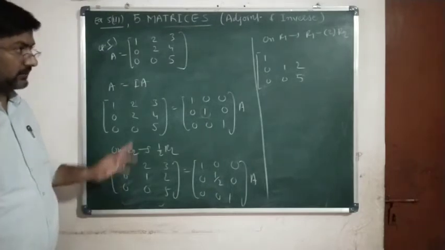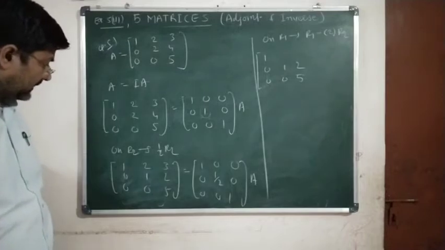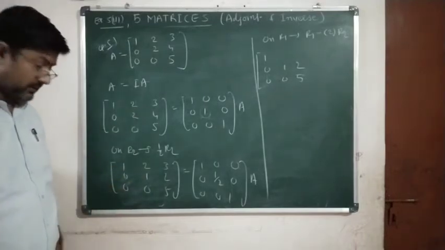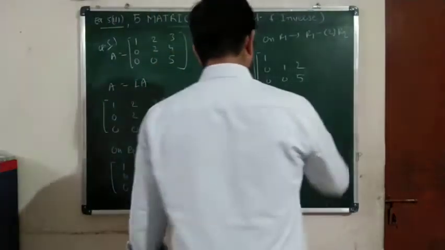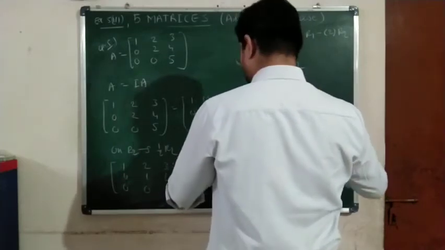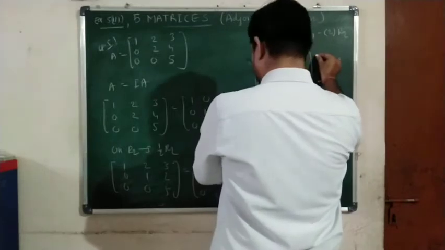So here the second and third rows we are not going to change. So first I have written the second and the third rows. Okay, now in the first row we are making changes, so let us make them now. Here you will get 0, and here multiplied by 2, so 4. 3 minus 4 will be minus 1.